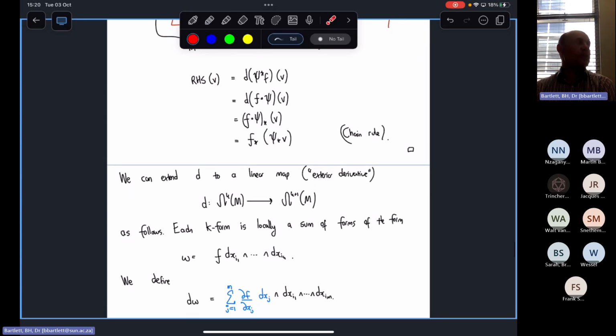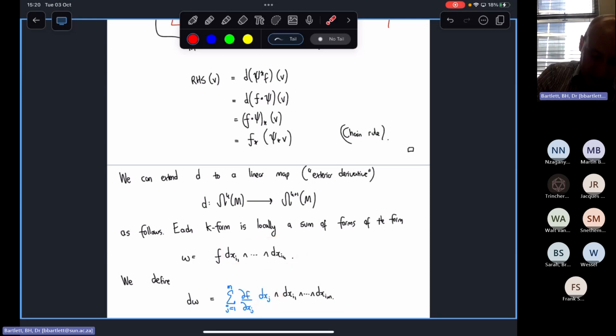So the way that I do it is I define D of such a thing to be the following. I sum over the derivatives of this component function with respect to the various directions, and then I add a little dxj. So whatever direction I'm differentiating f with respect to, I add a dx in that direction, and then I wedge with whatever remained. So you can see I've got k plus 1 wedges here.